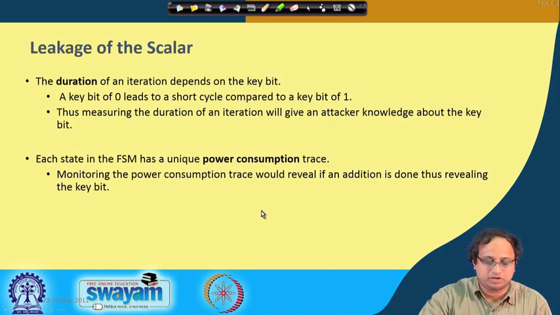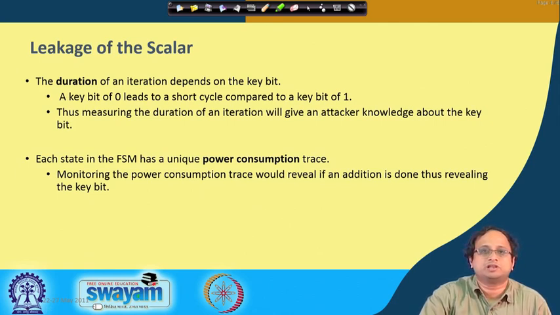There are several leakages which are possible because of this observation. For example, even from the perspective of timing. If you measure the duration of an iteration, then you will see that the duration depends upon the key bit, because if the key bit is 0, then you have a shorter cycle compared to a key bit of 1, where you are doing both doubling and addition.